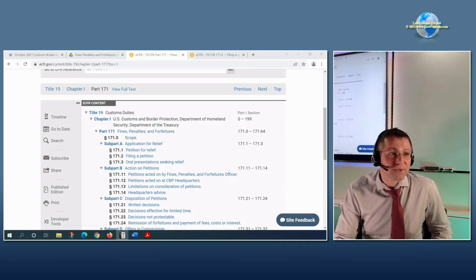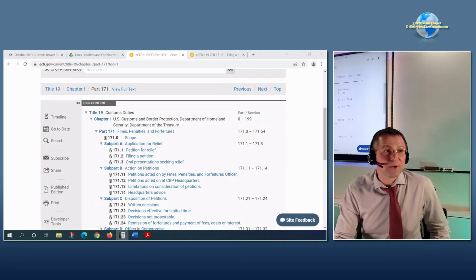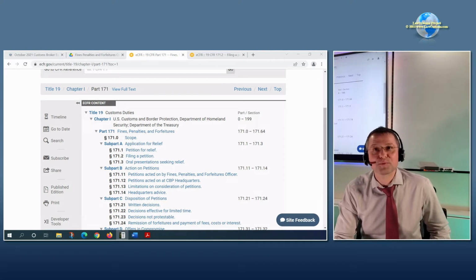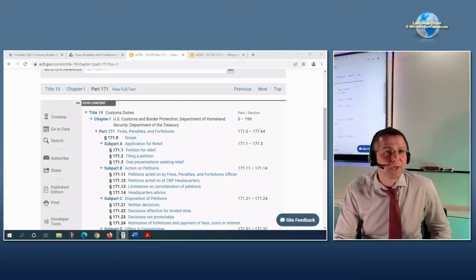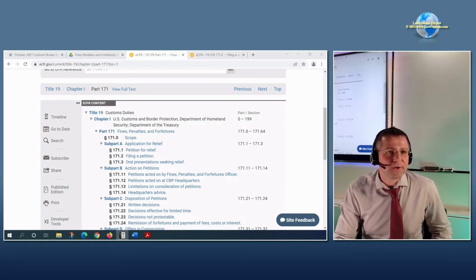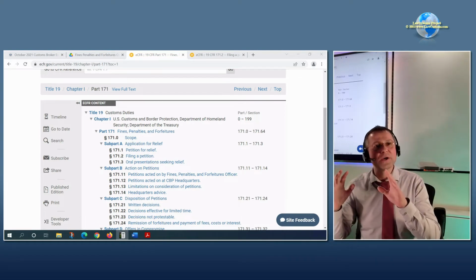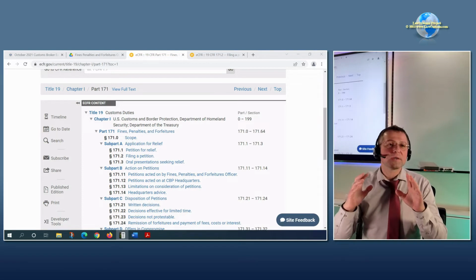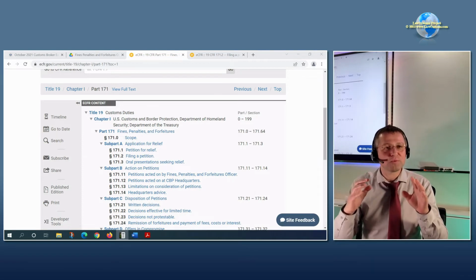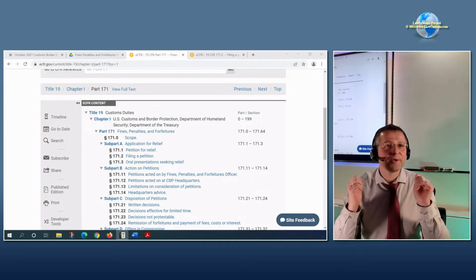Part 171 is comprised, at least for customs license broker exam purposes, of the procedural considerations, which pretty much say this is how many days you have to do this, or this is the type of paper you need to file to get this result.